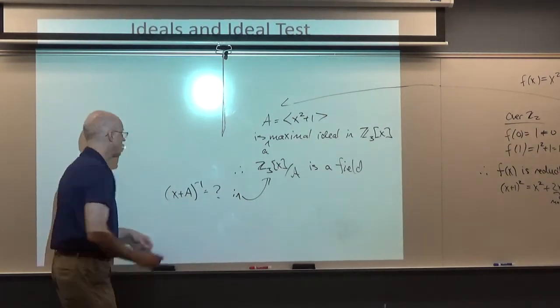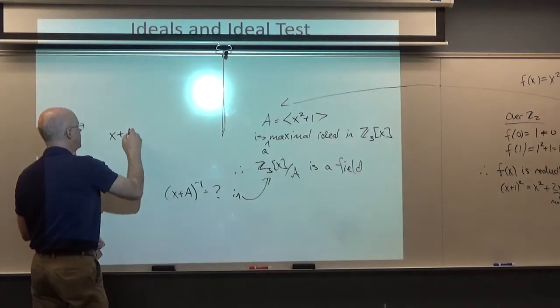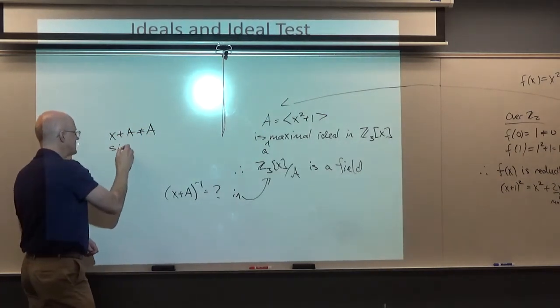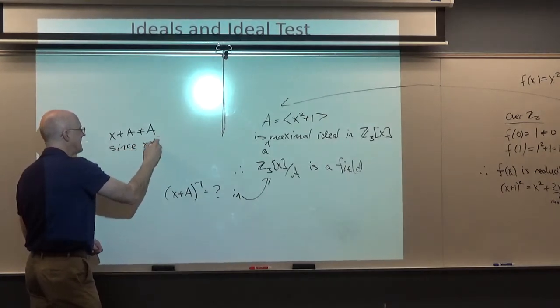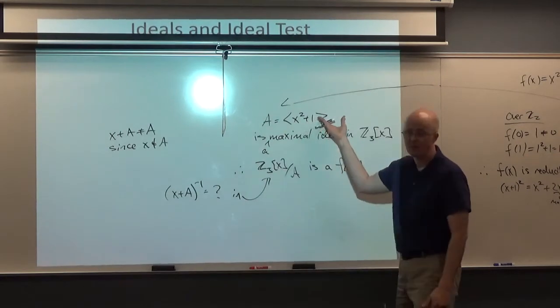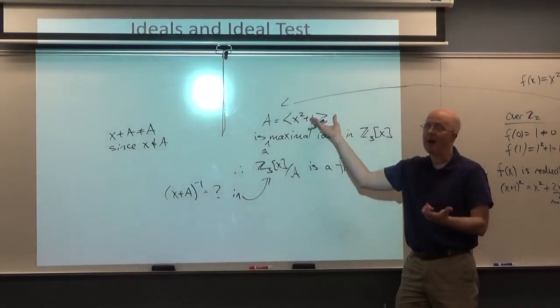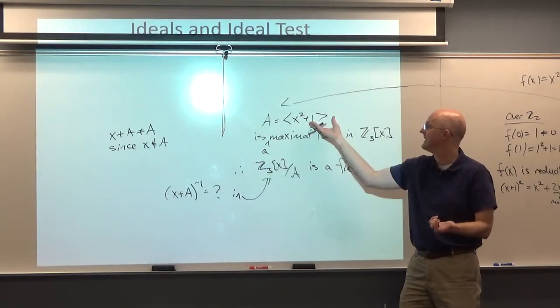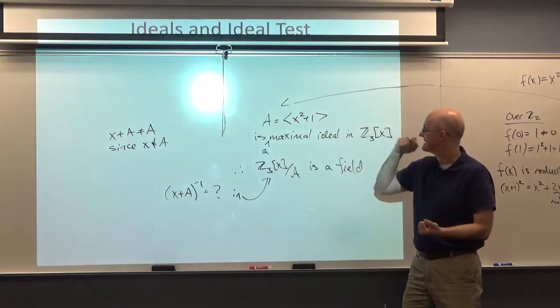Well, it is non-zero. X plus A does not equal A in the factor ring, since x is not in A, because A is the principal ideal generated by x squared plus 1, which is all polynomial multiples of x squared plus 1. There's no way you're going to multiply this by something and get x.